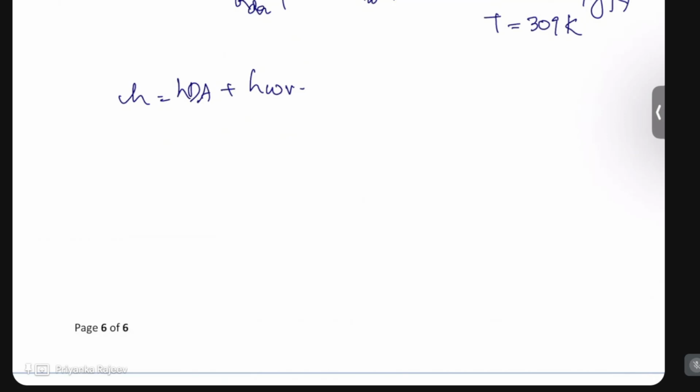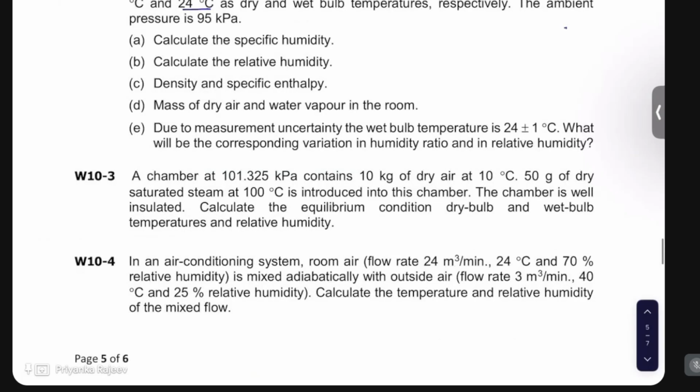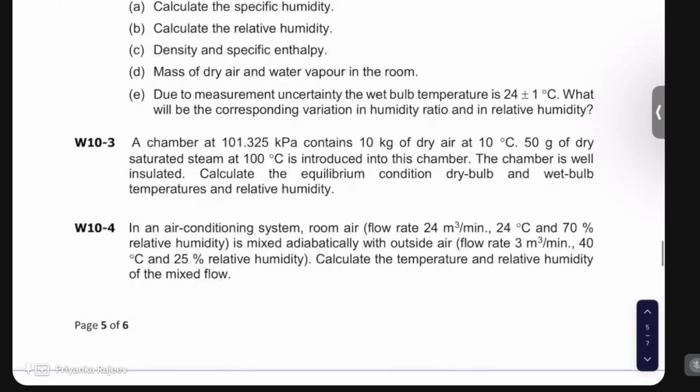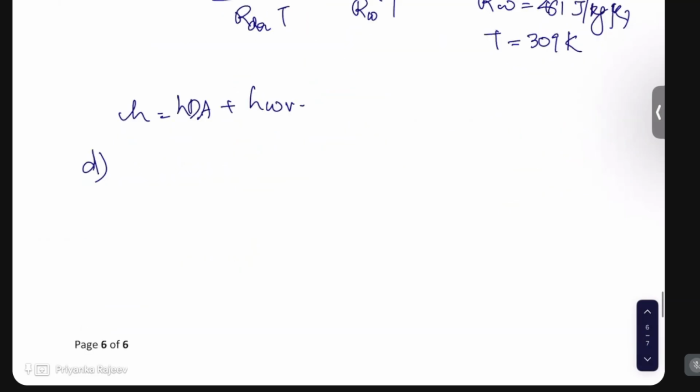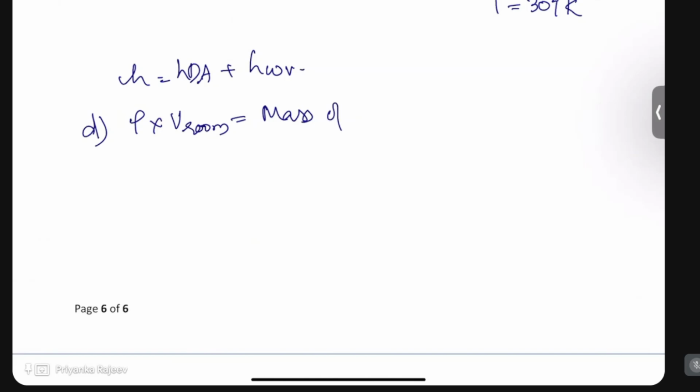Then for the room volume, we can calculate the mass of dry air and water vapor in the room. Density is already calculated. Density times room volume is the mass of air.